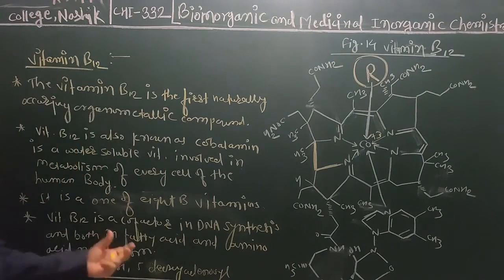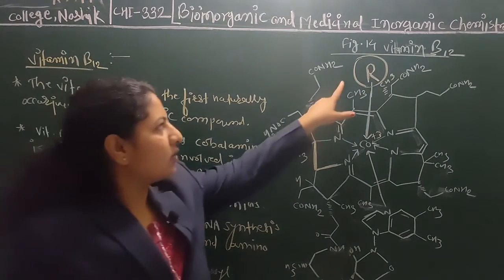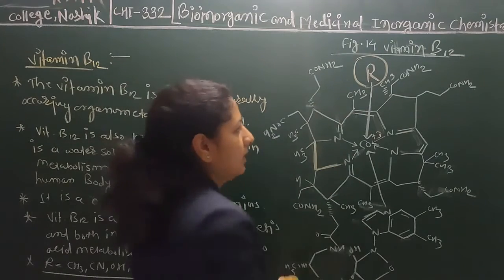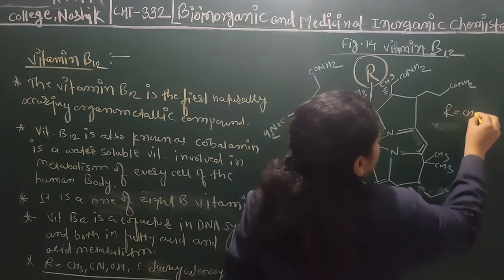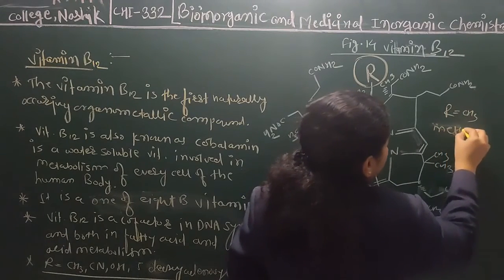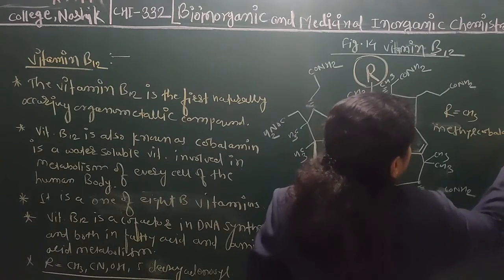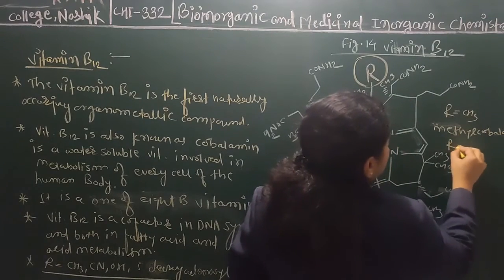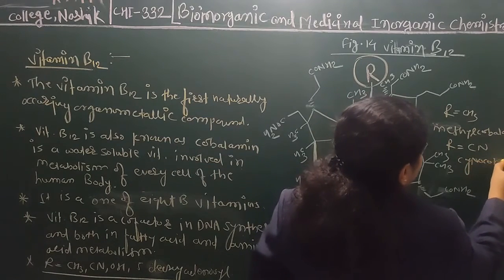According to these groups, vitamin B12 is named accordingly. If R is a methyl group, then it is methylcobalamin. Whereas if R is cyanide, then it is cyanocobalamin.